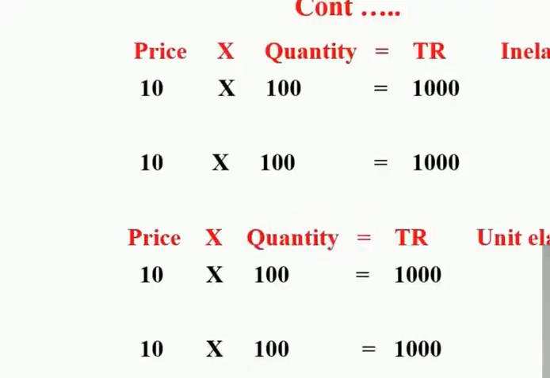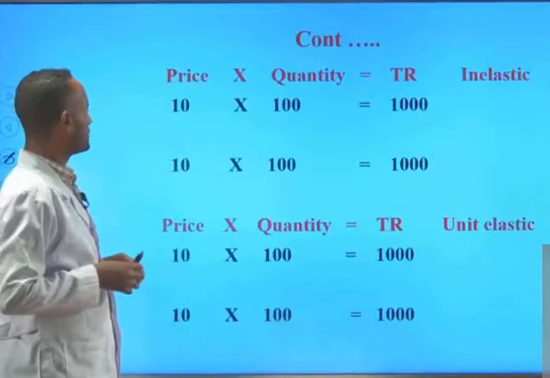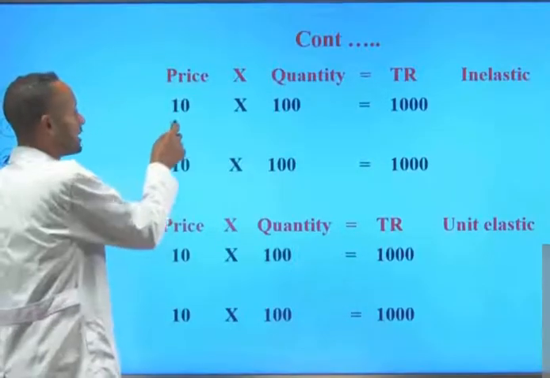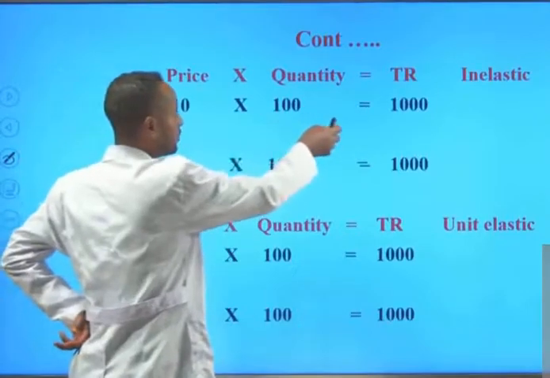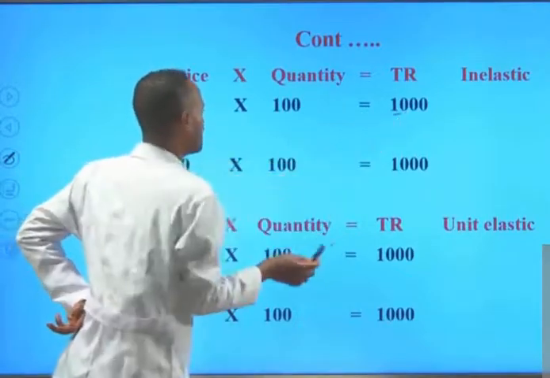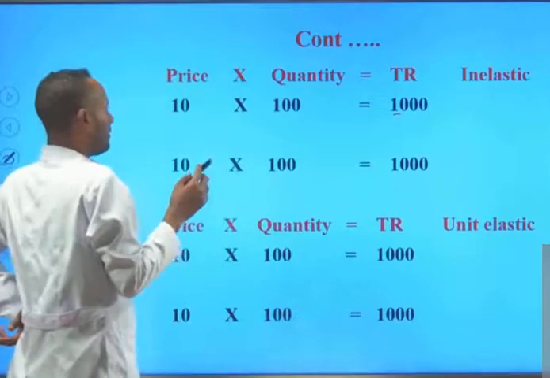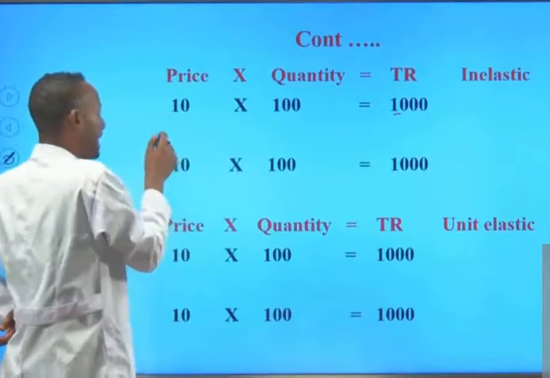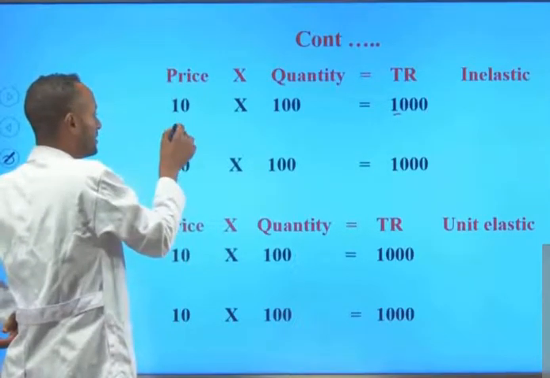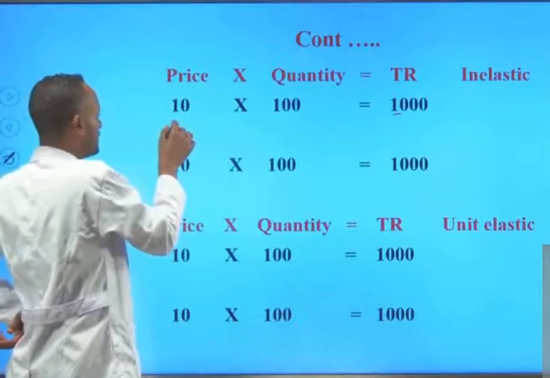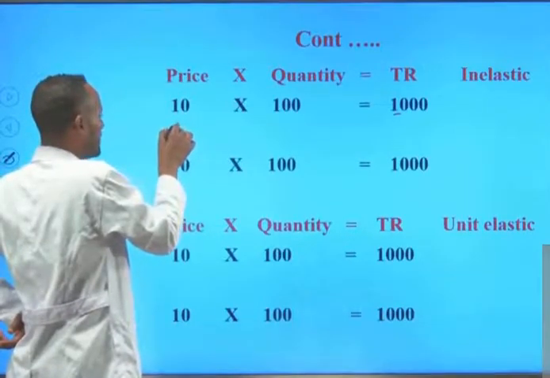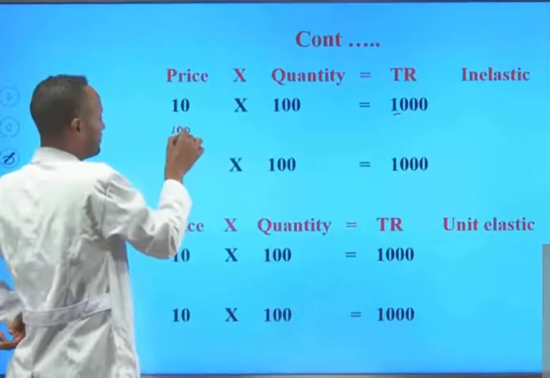Now let's see when the buyer is inelastic. Suppose the price of a kilogram of something is $10 and the firm sells 100 kilograms, so the total revenue was $1000. Now if the buyer is inelastic, there is a higher increment in price. Let's take the price increasing from $10 to $100, 10 times.